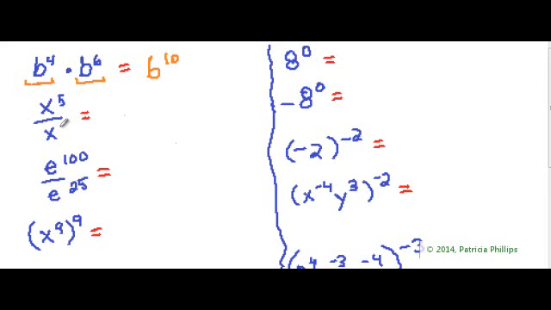So any number to the power of 1 is that number. So you can also say that every number has an implied power of 1. So let's just put a 1 right here. X has an implied power of 1. So we're going to do x to the 5th power minus 1. And our answer is going to be x to the 4th power.